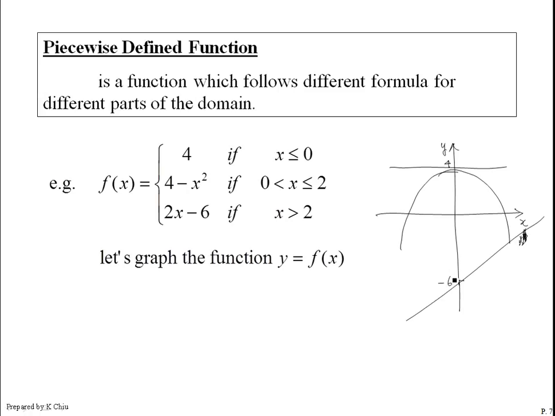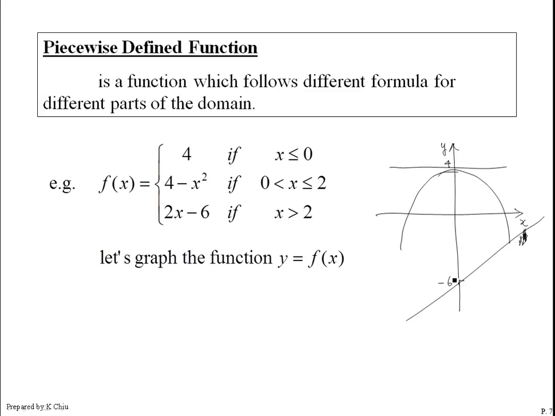Now, however, we are not going to need all of these. Let's take a look at the piecewise defined function again. Y equals 4, under what situation? When x is less than or equal to 0. So we are not going to need the whole piece.